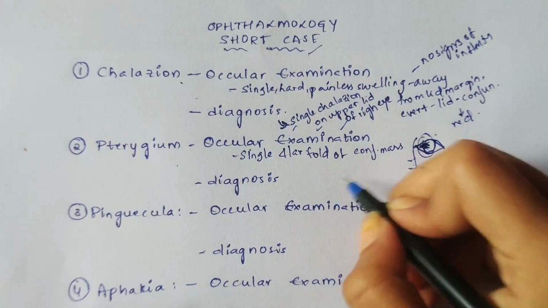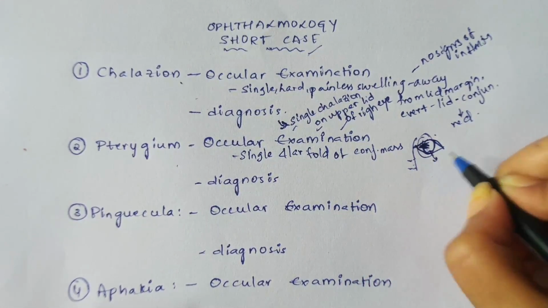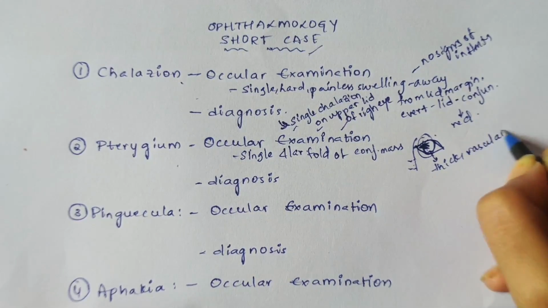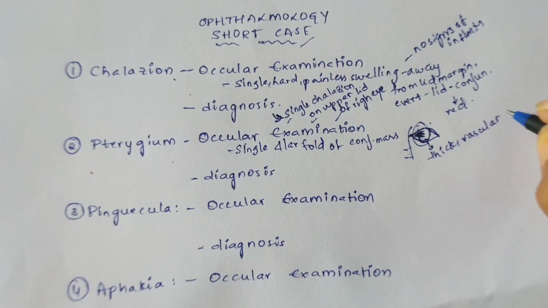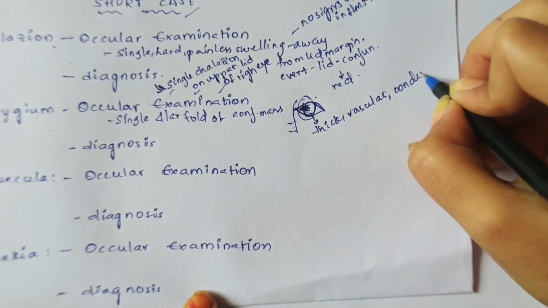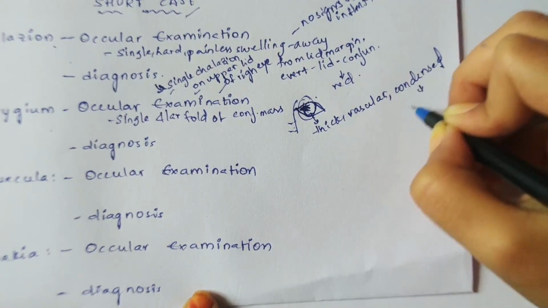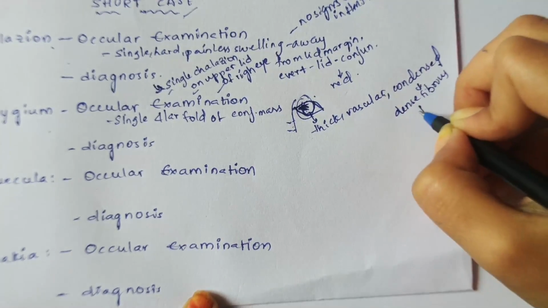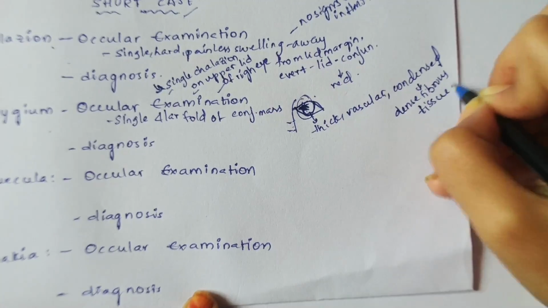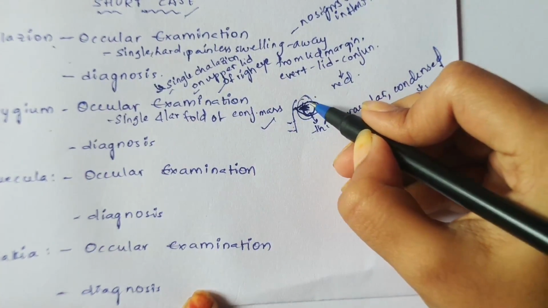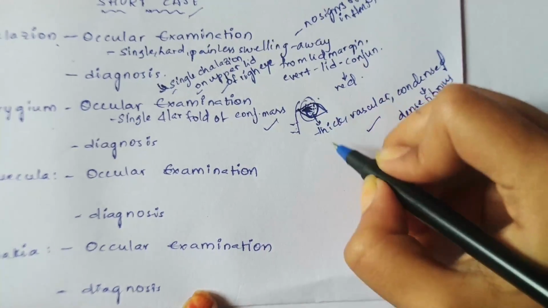Then it will be thick, vascular and condensed, with the development of dense fibrous tissue. So you will write these two points. And then the third point is, you may observe Stocker's line.